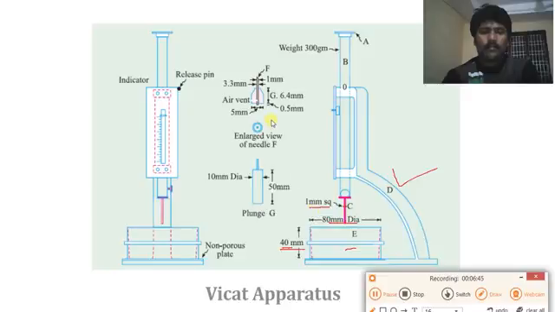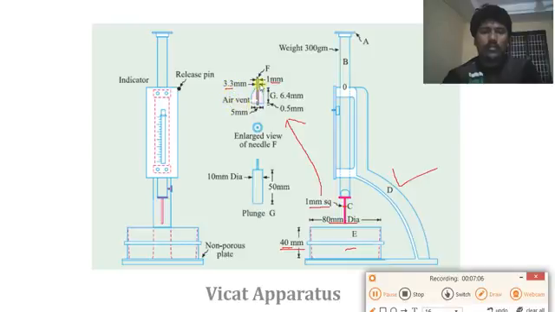and then if you can see, the detailed dimensions of the needle are mentioned here, which is of 1 mm diameter at the topmost point, and if you go inside, as the depth increases, it is of 3.3 mm diameter.